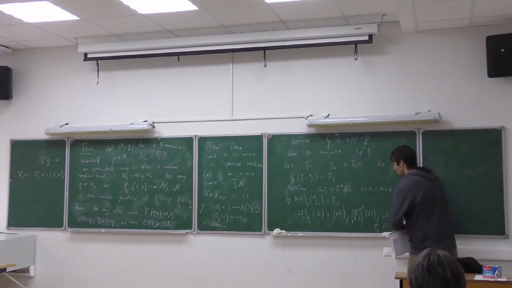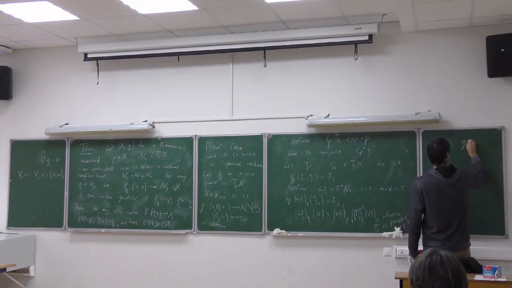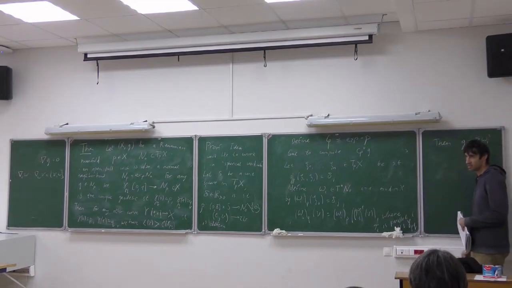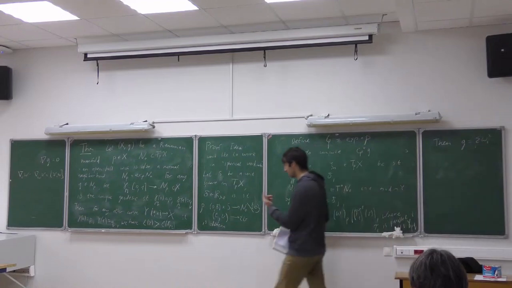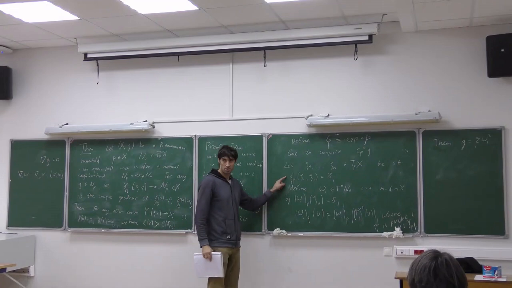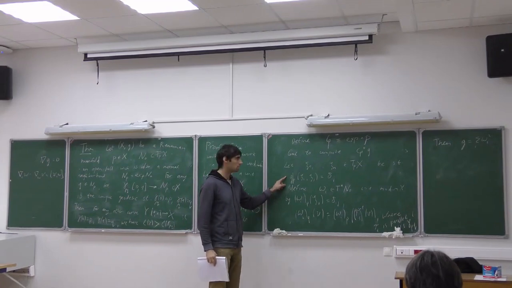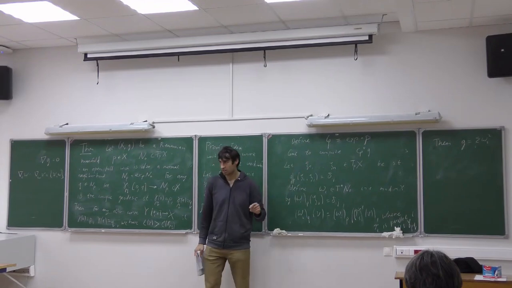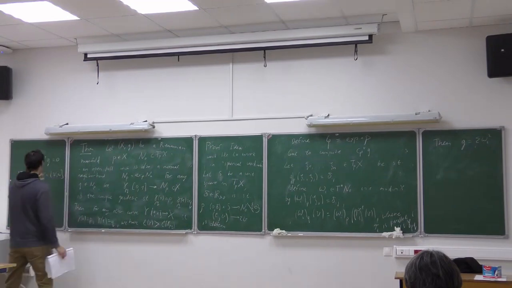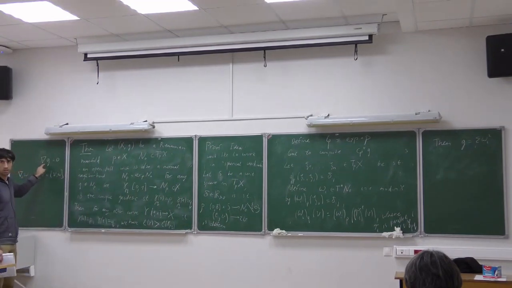Then I claim that G is the sum over i of omega_i squared. Well, if you look at its value at P, then this condition is satisfied. So at P, right and left sides coincide, and then the fact that they coincide at other points is given by this condition.